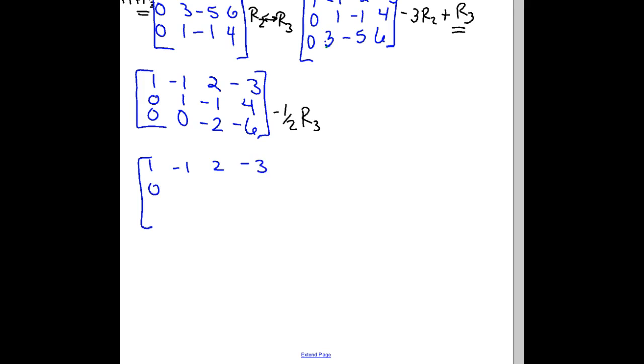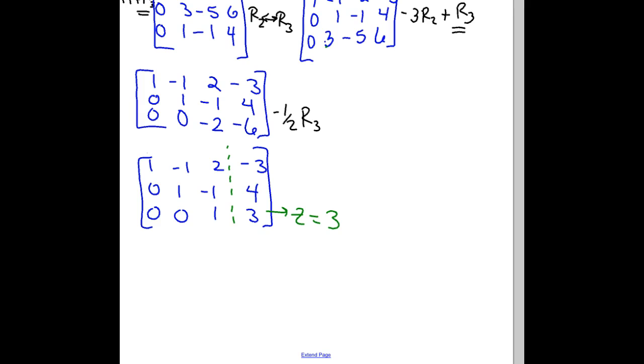Okay. So I end up with 0, 0, 1, 3. All right. I'm going to put that dotted line in again so you can see. What does the bottom equation tell me? It tells me z equals 3, right?